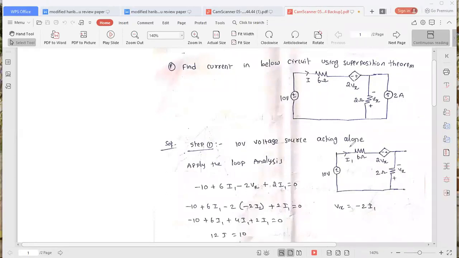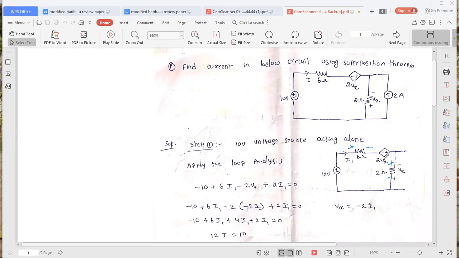Current always passes from the positive terminal to the negative terminal. Vx has a minus terminal here and a plus terminal here.